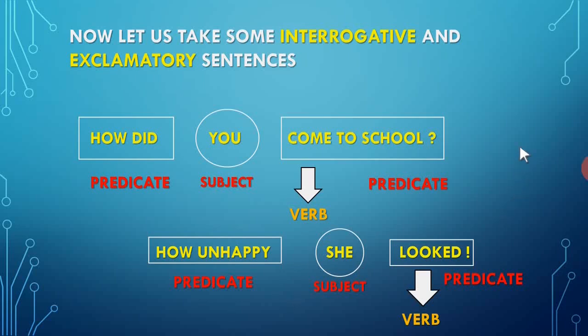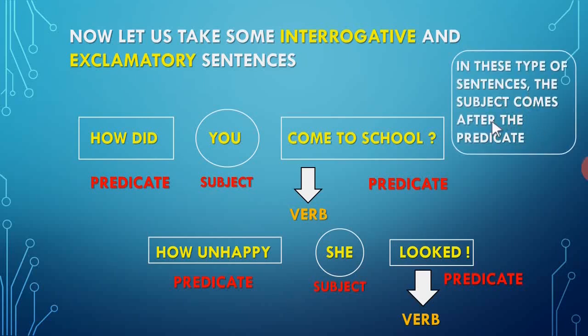And in my previous slide, I showed you when there is no subject in the commands or requests in imperative kind of sentences, where there is a command or a request, the subject is missing. So the subject becomes you. Now, let us see, in these kind of sentences, the subject comes after the predicate.